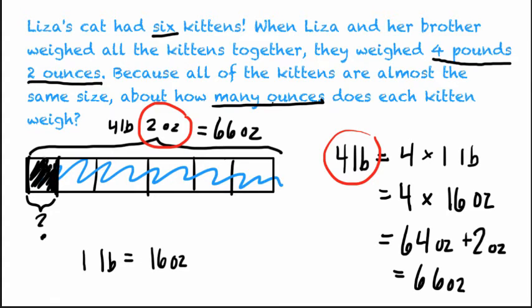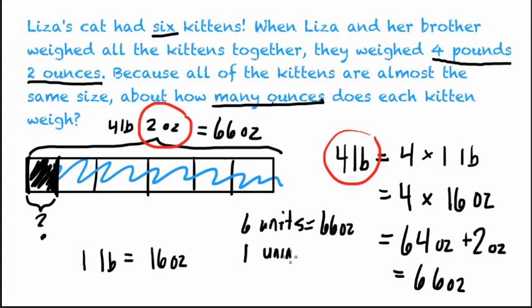If we split this 66 equally, what's going to be in each one? Now if you divided it by 6, you could do that, or you can just think in units. If 6 units, 1, 2, 3, 4, 5, 6, is equal to 66 ounces, how much is 1 unit going to be?